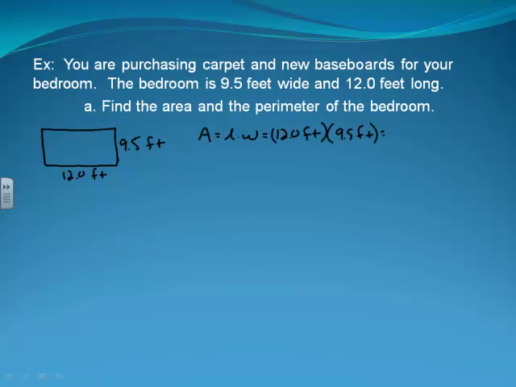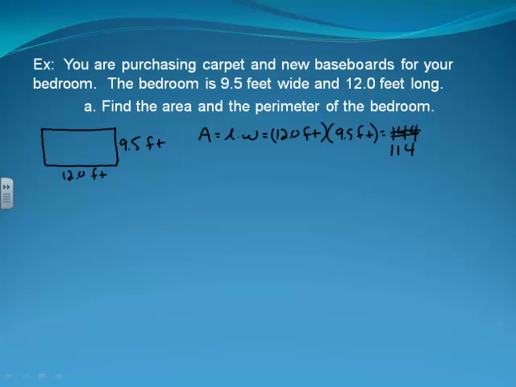All right, now let's do the numbers first, because this is the first time we've really used units too much. If you do the multiplication of 12 and 9.5, you find that you get 144. I'm sorry, that's not right. It's 114.